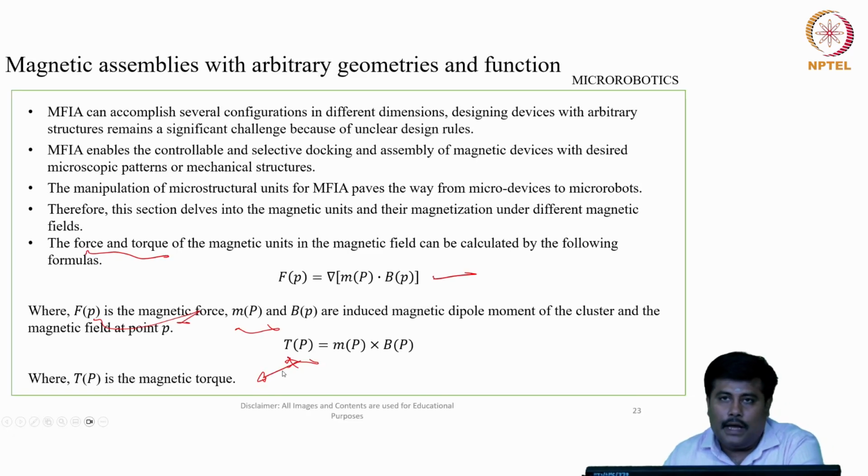So let us take a simple case study where such magnetic assemblies are being deployed.